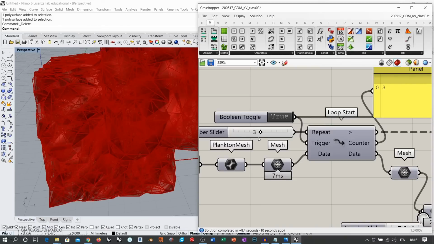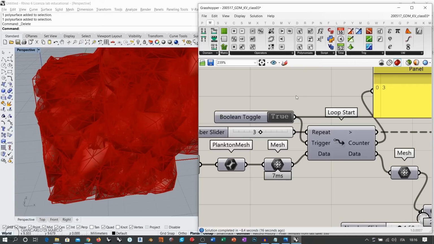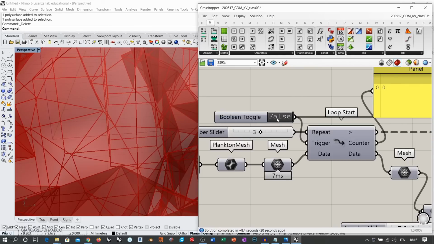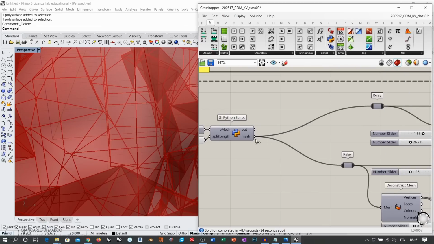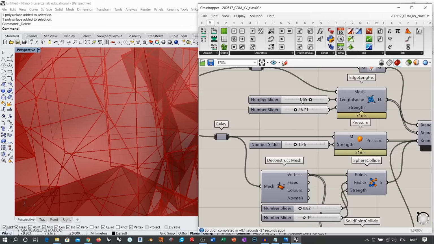Okay, it's quite much. Remember that when one edge is split into 2 parts, the problem is that not only you have 2 edges instead of 1, but each edge will receive this length factor. So it's going to become instantly almost 2 times its actual length.